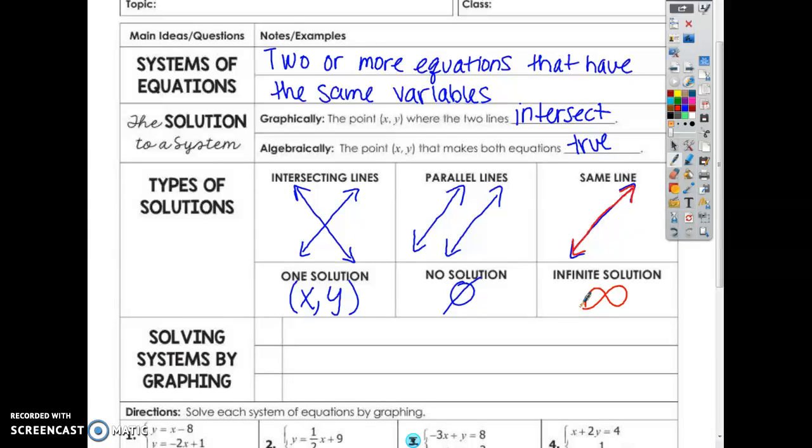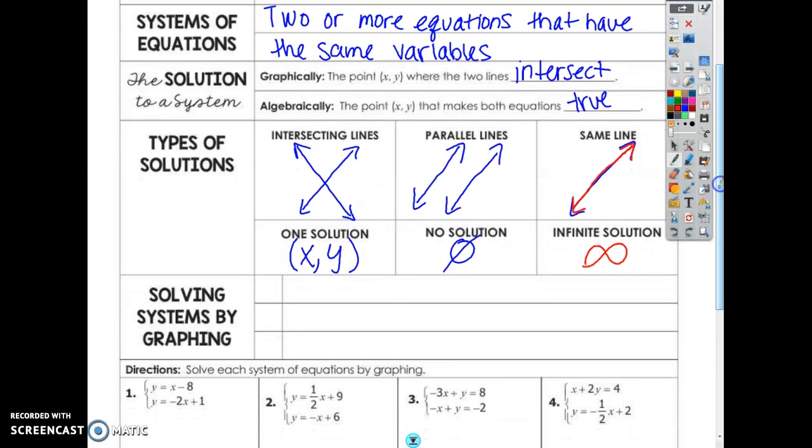There are 3 different steps to solving systems of equations by graphing. The other ones were complicated steps with substitution and elimination. Today we're just doing graphing.